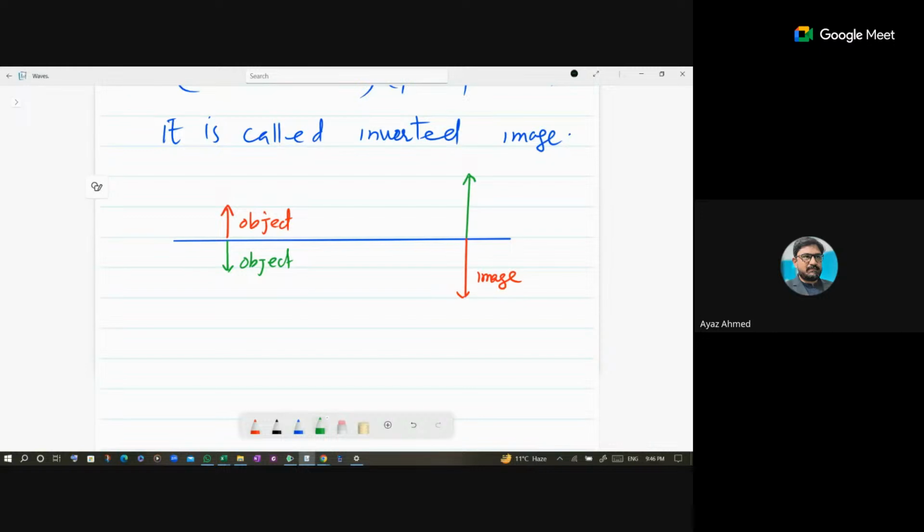That's why I have drawn both. Then this is the inverted image.